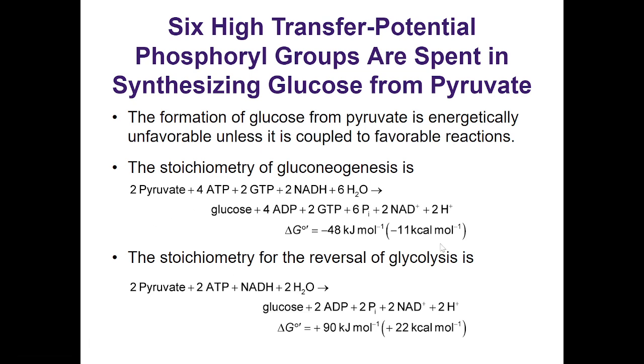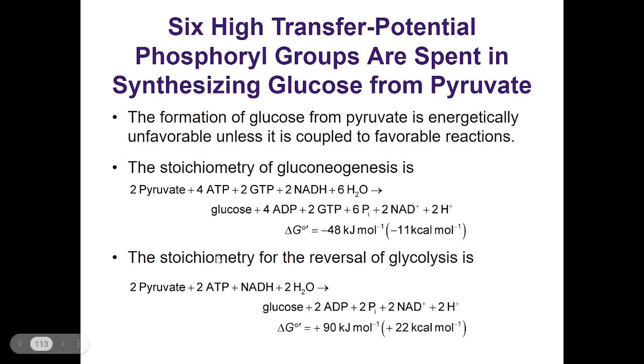If we were to look at the stoichiometry of the reversal of glycolysis, so instead we just used the glycolysis pathway, we did not avoid those high energy steps, we just barreled through them, that actually is a plus 90 kilojoules per mole. And that's probably not going to go backwards very fast, is it? Or at least very often. And that's a huge energy difference in the wrong direction, isn't it?